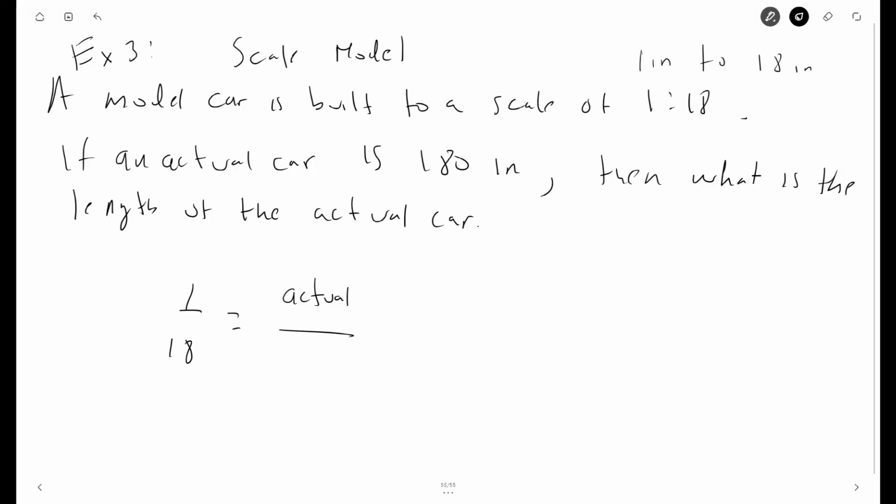If we want to know, for an actual car of 180 inches, what the length is, then the length is going to be represented by actual. So actual is our length.